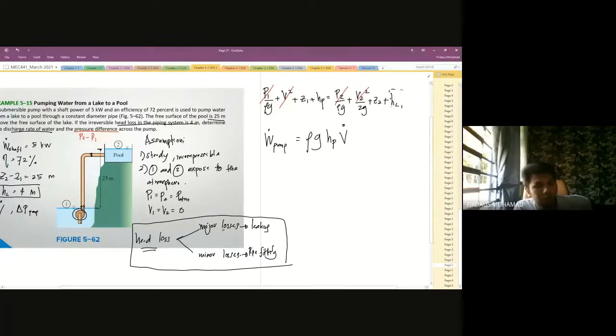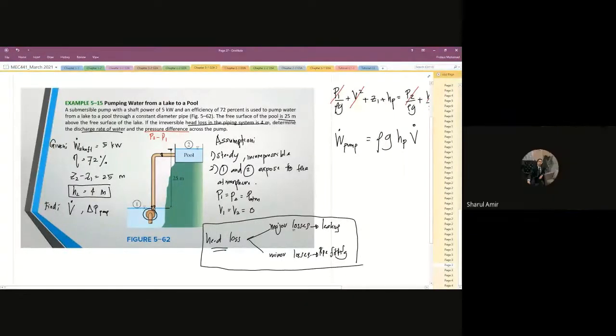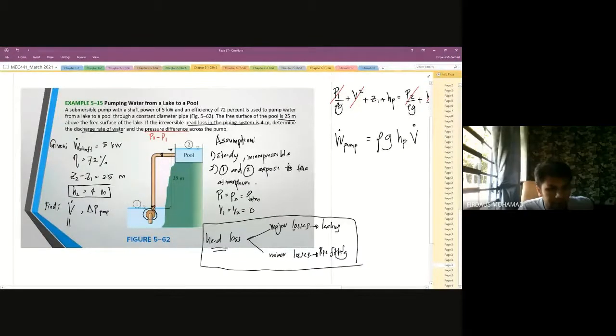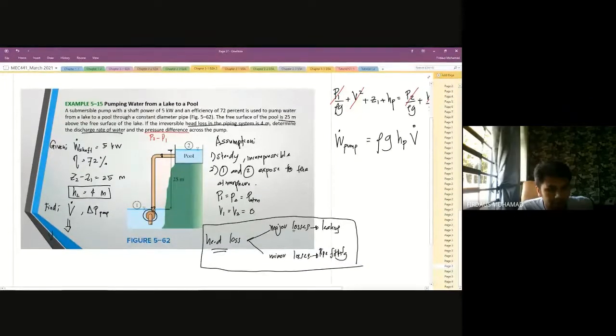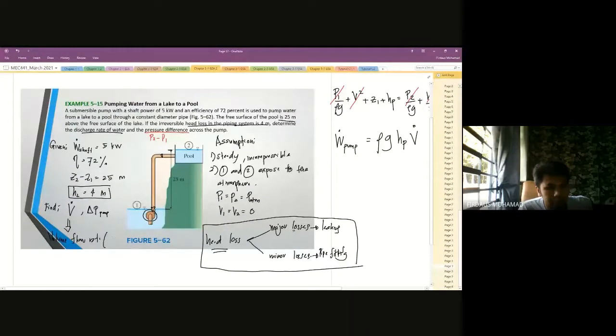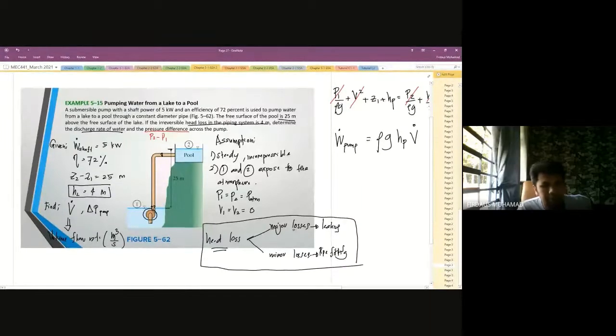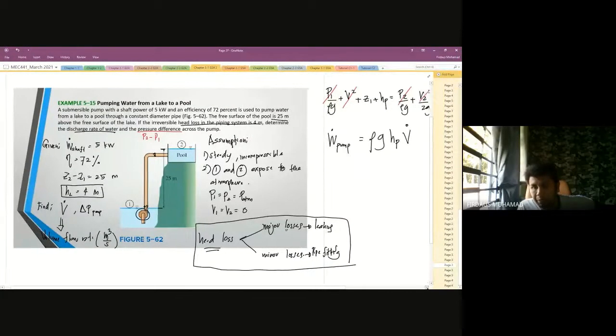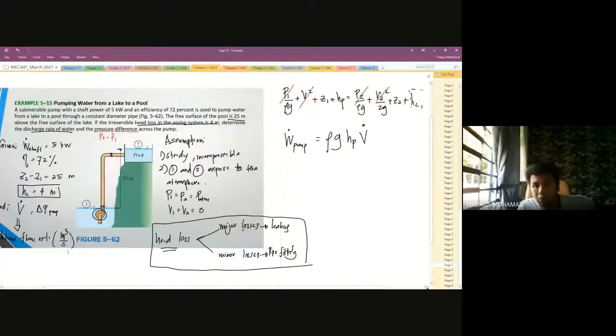Kita nak cari V dot, betul? V dot ni apa? V dot volume flow rate ataupun discharge. So volume maknanya meter cube per second. Okay, so maknanya kita kena ada HP barulah kita dapat V dot.